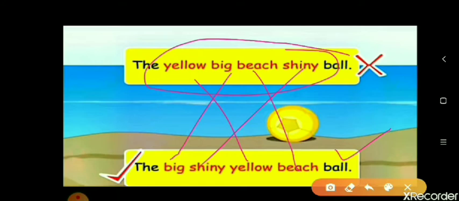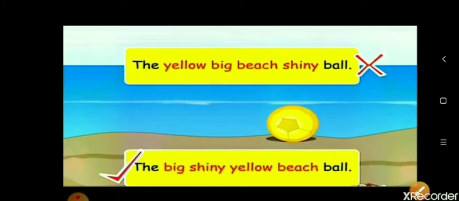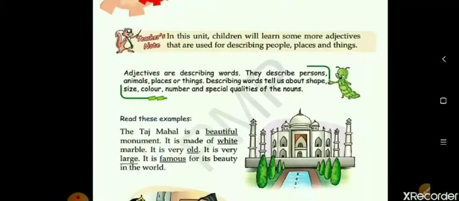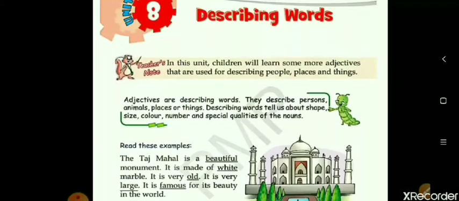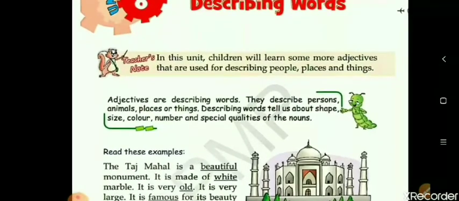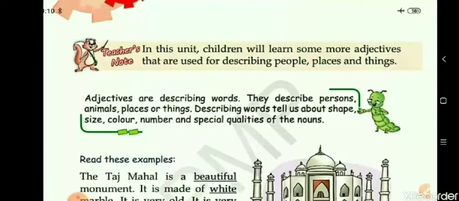Clear? I hope what describing words are is clear to you. Now moving on to the exercise of your Superb English Grammar book. Now children, as it is written here, adjectives are describing words. I was explaining this to you in the beginning of the video.